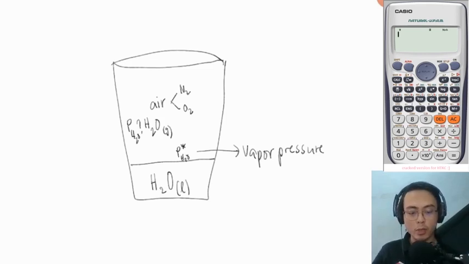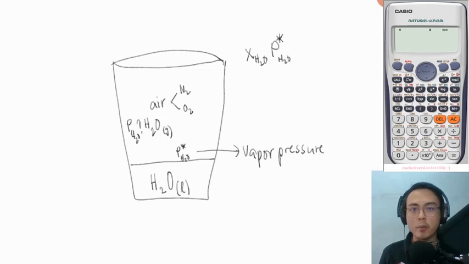We use Raoult's law. Again, Raoult's law is the mole fraction of water in the liquid phase multiplied by the vapor pressure of water. Now, the vapor pressure of water is constant at a certain temperature. This is equal to the mole fraction of water in the vapor phase multiplied by the total pressure.